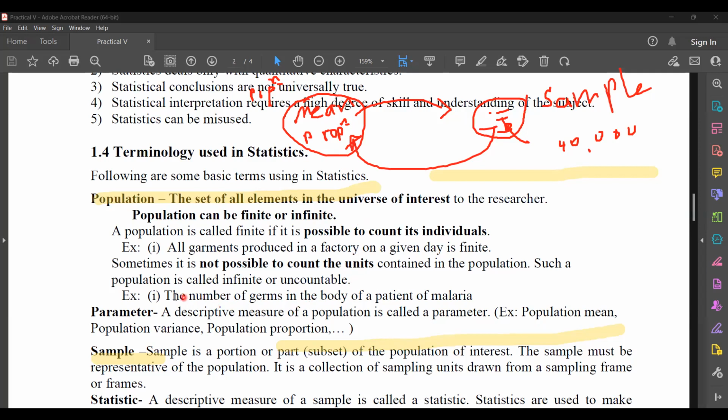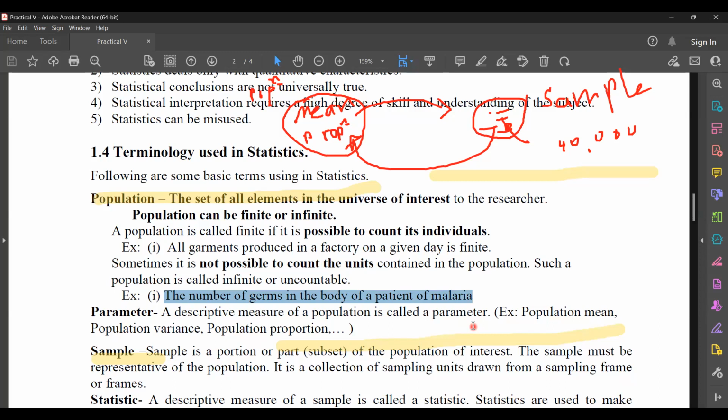For example, the number of germs in the body of a malaria patient.